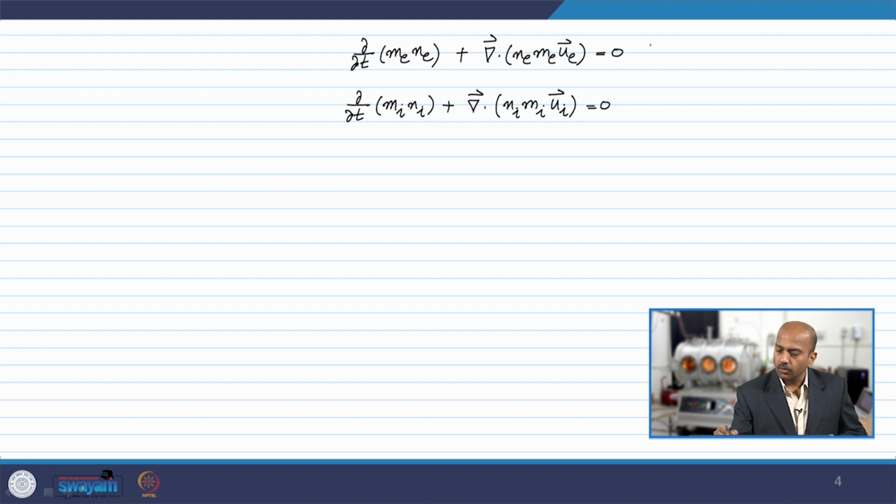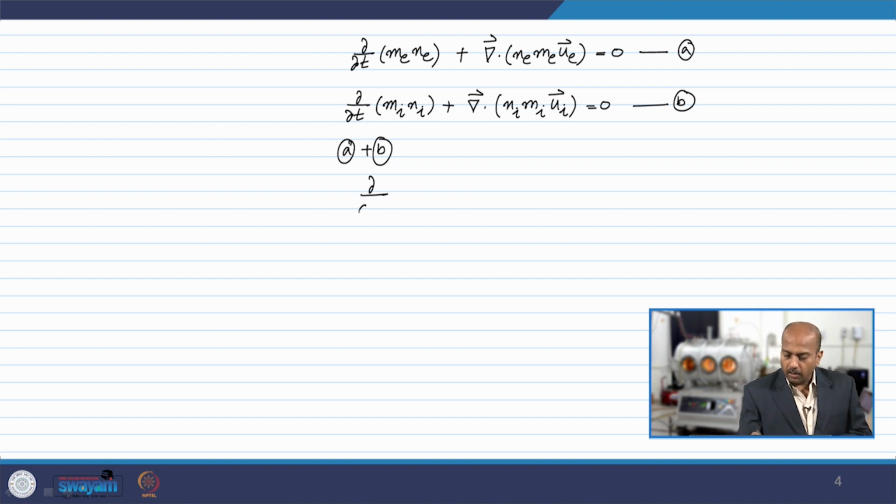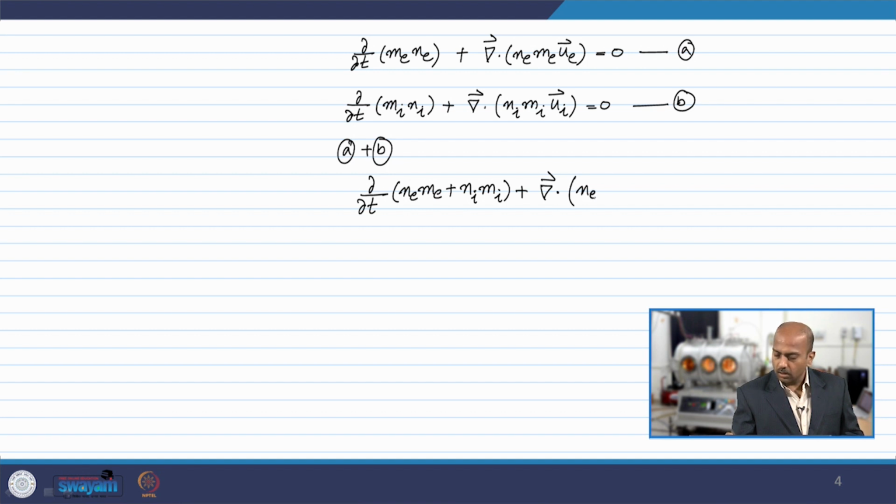So, what we can do is, now let us say we call this equation as A and this one as B. We can add these two equations, A plus B. Okay. So, we can write ∂/∂t, the partial derivative with respect to time, of NEME plus NIMI, plus del dot, is equal to 0.